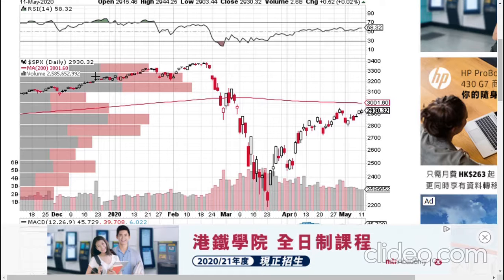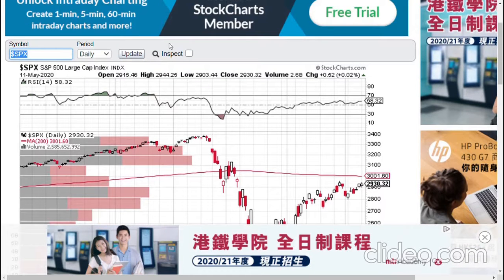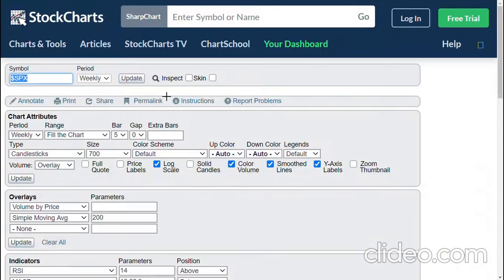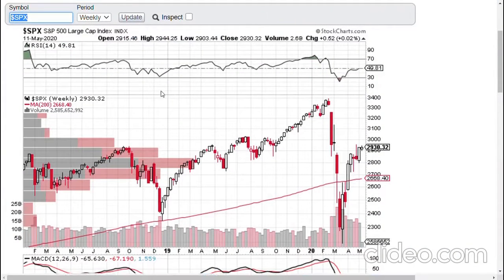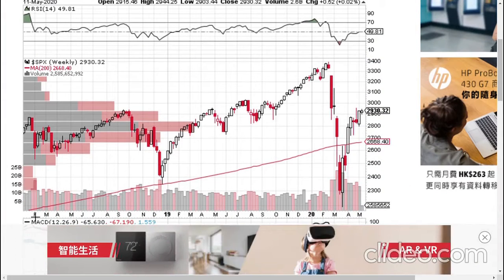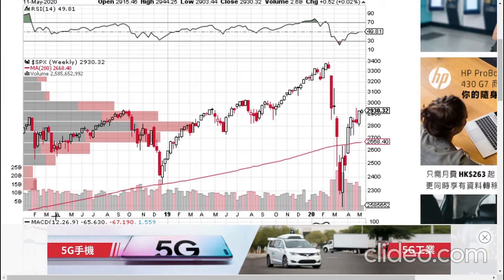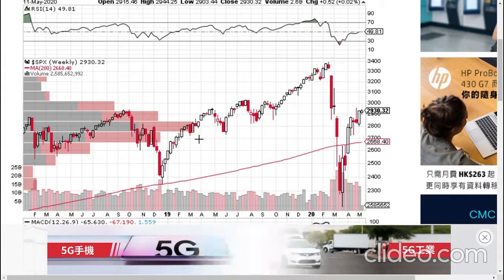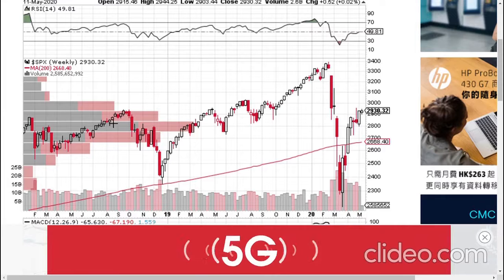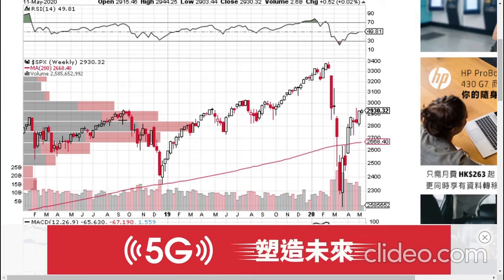Maybe before that I turn to the weekly chart to show another picture. This means over the years, over the two years or so, most of the people have entered their stocks, have bought their stocks at around this price.